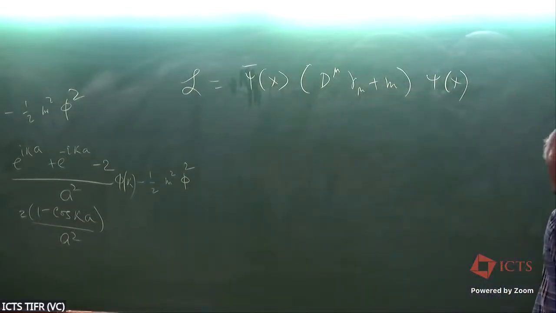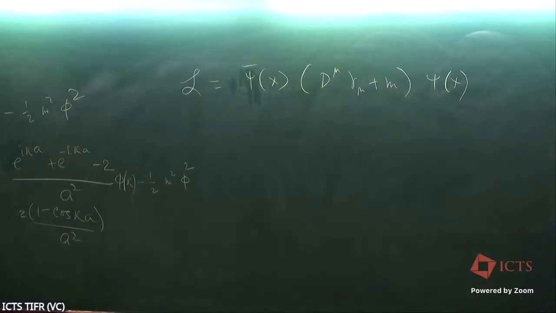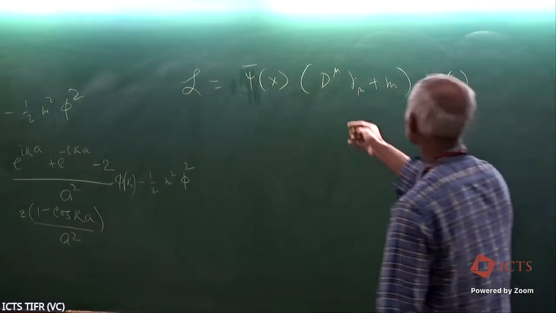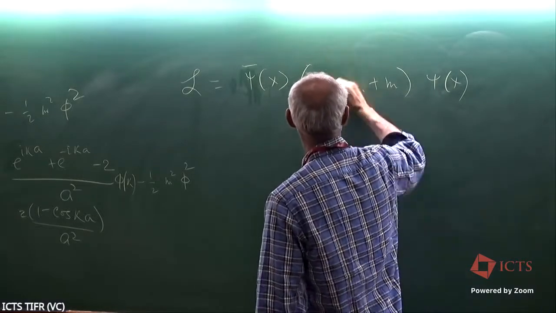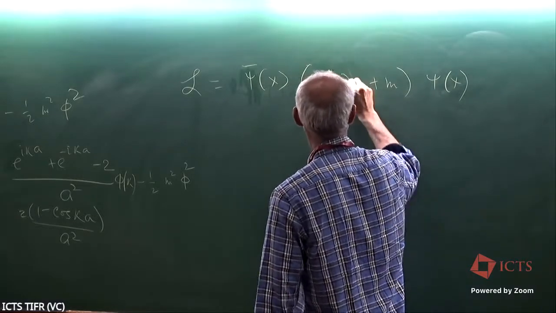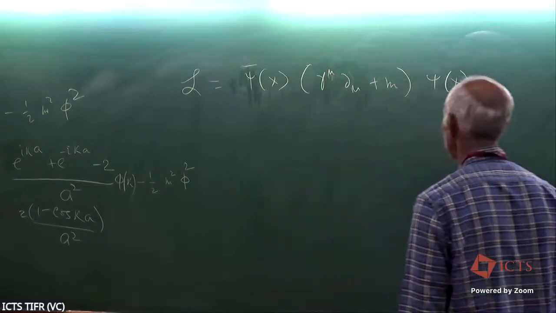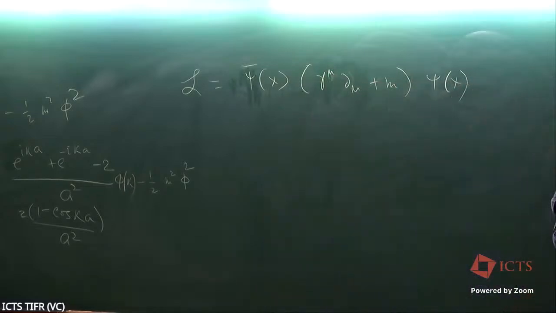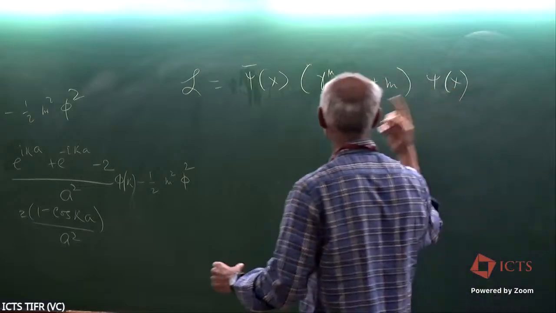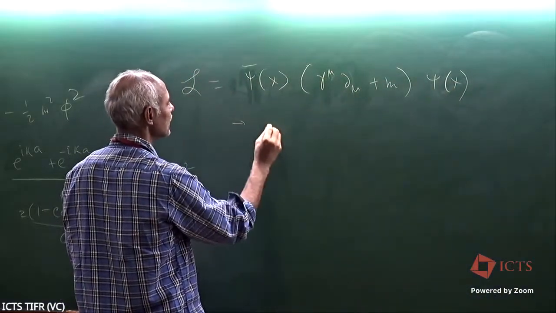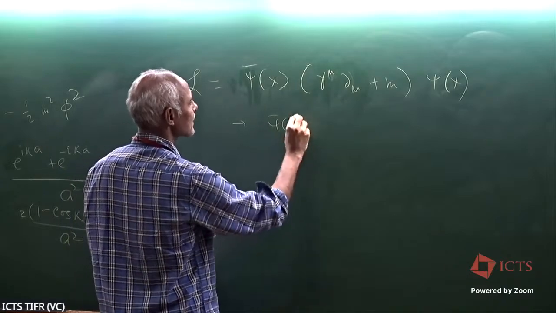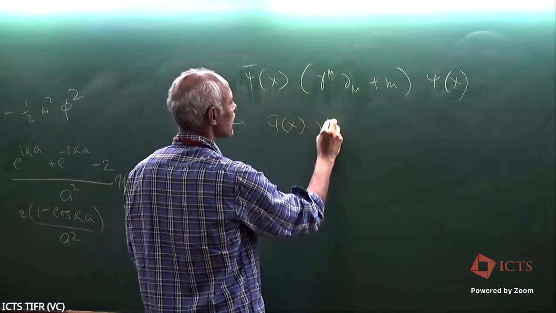Okay. And so this, oh, okay. Let me start with gamma mu del mu, and then I will change the del mu to d mu when I introduce gauge fields. Okay. And again, you know how to discretize del mu psi of x. So this will give you psi bar x, gamma mu.